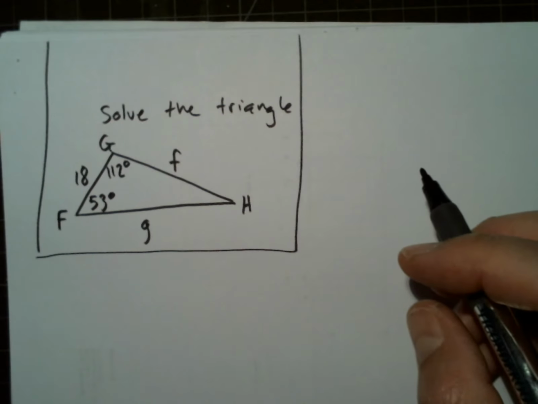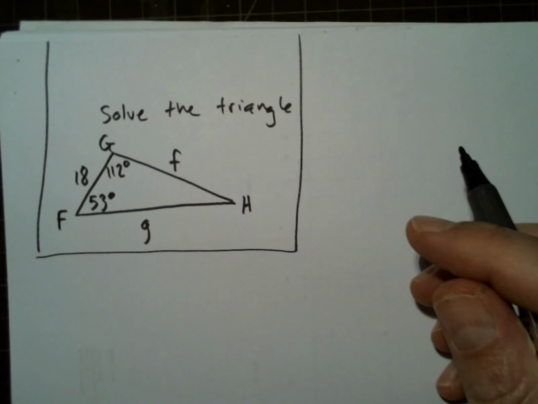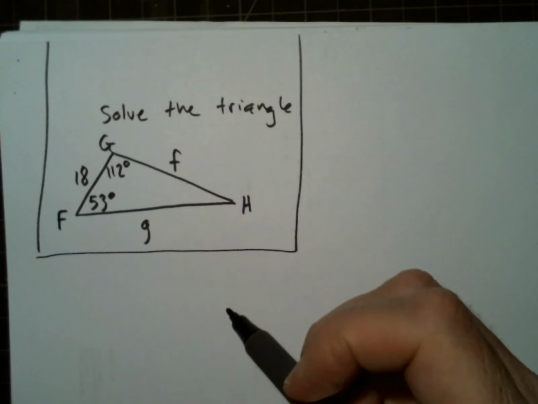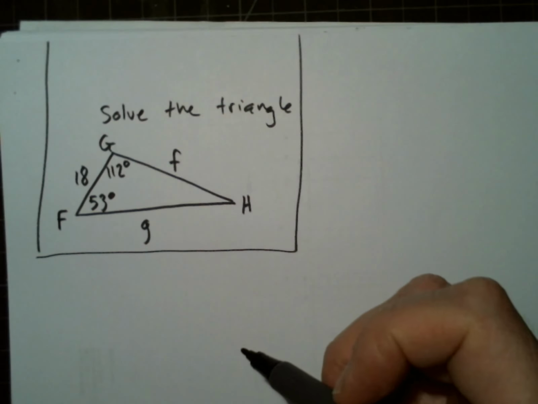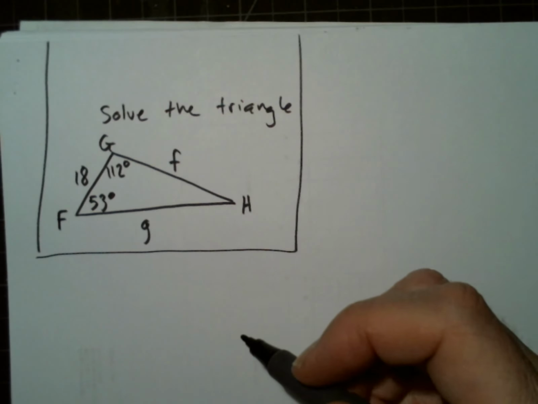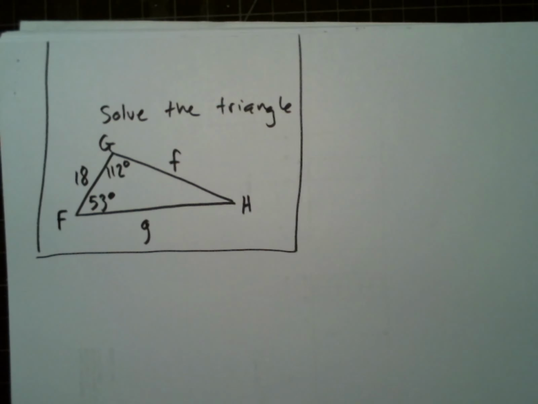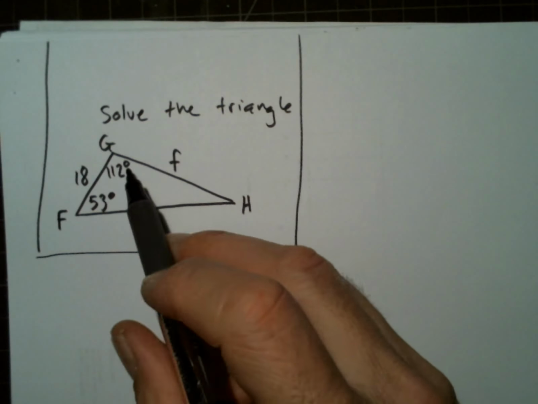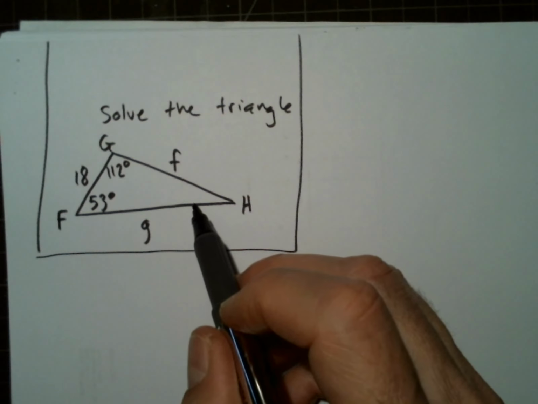Sometimes instead of memorizing different cases and the procedure used for different cases based on what's given, why don't we just always look for what's easy to find first? What can we find easily? Well, this angle is the third angle, so we know that if we add all the angles up, it's 180.